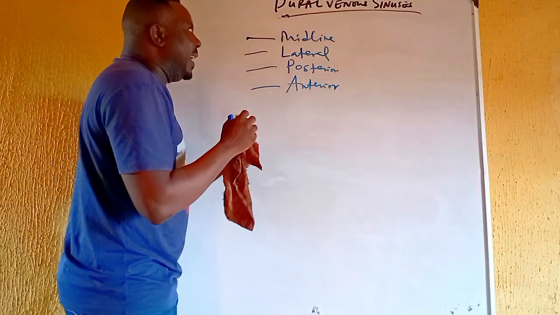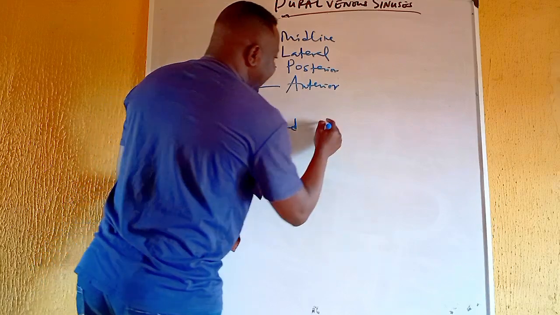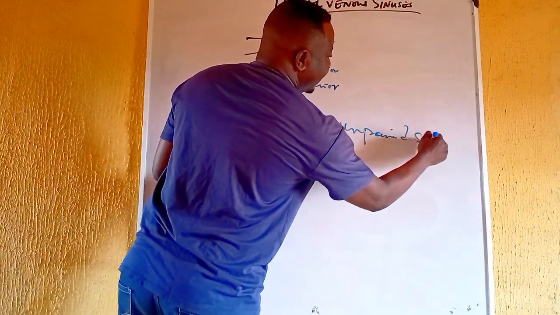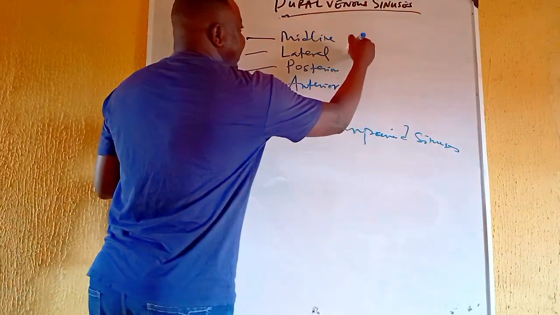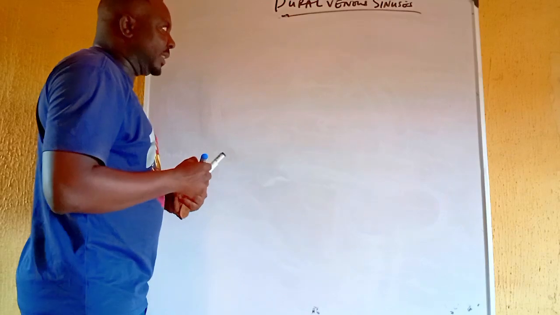You can also classify them into paired and unpaired sinuses. But let's stick with this. Now let's mention the dural venous sinuses.